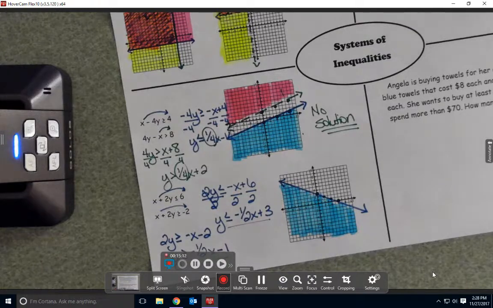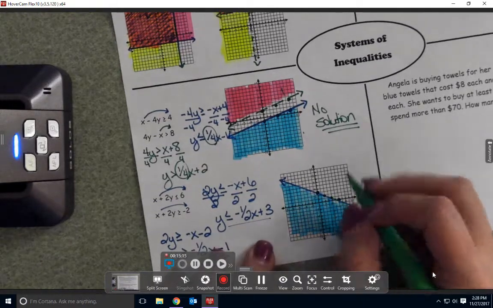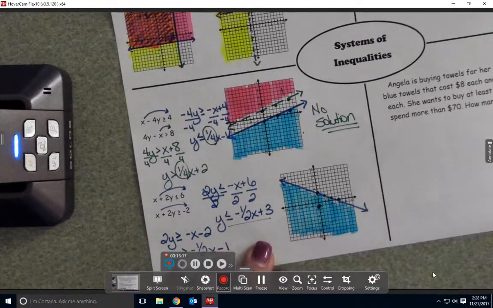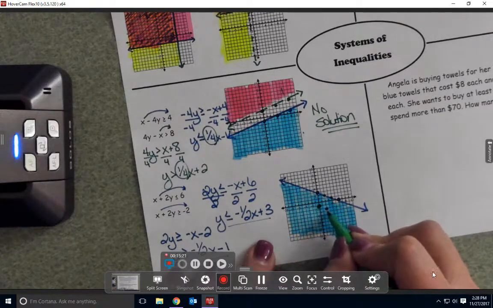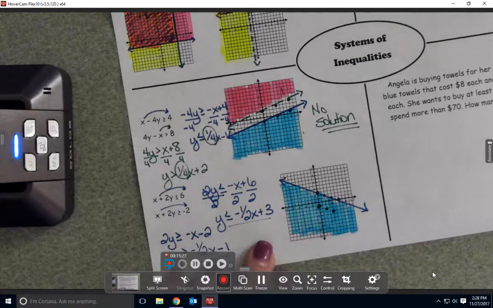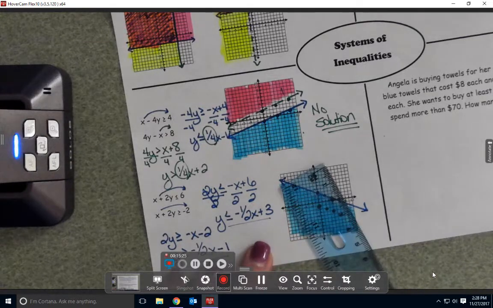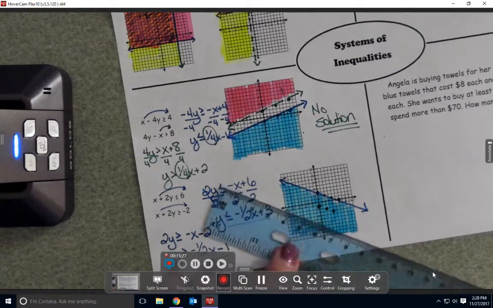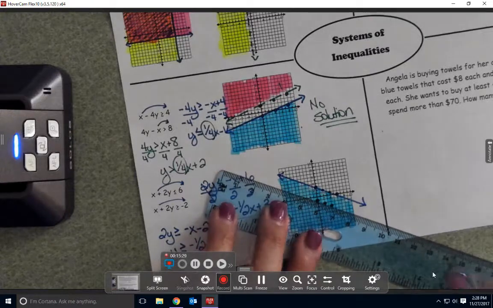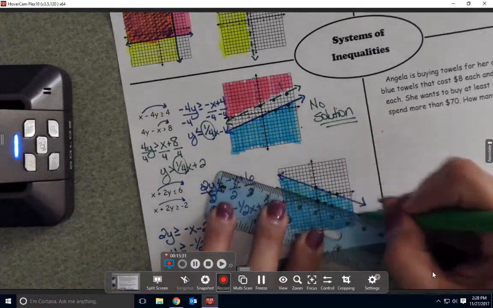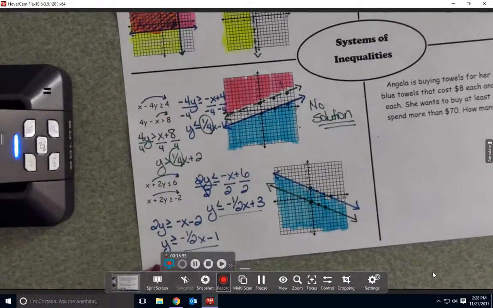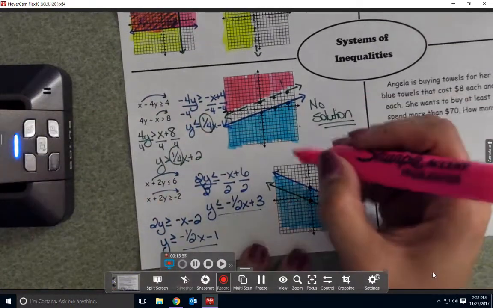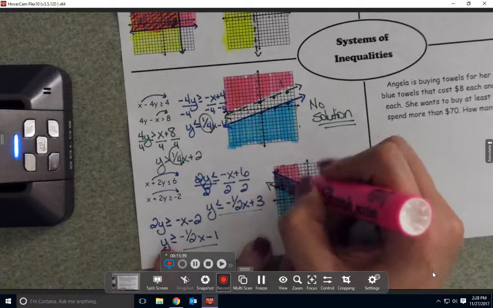And then graphing my last line right here, I'm starting at negative 1. And then I'm going down 1 over 2. So they still have the same slope. They're still going to be parallel. But when you graph this one, okay, this one is greater than or equal to that line, so you're shading everything above.